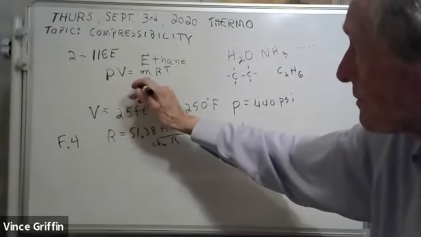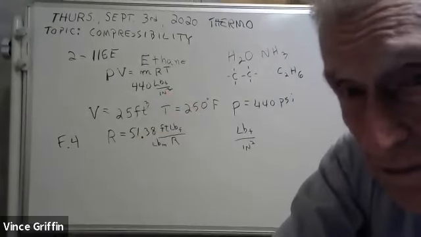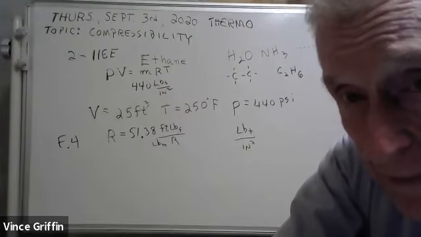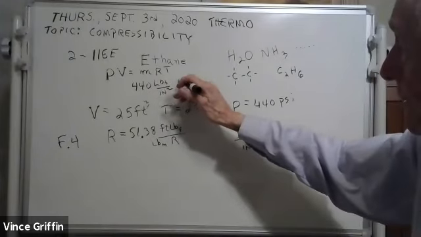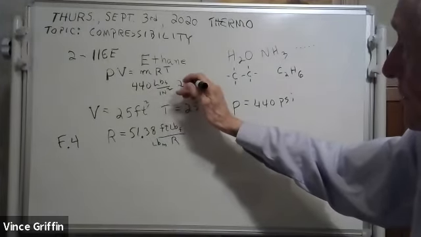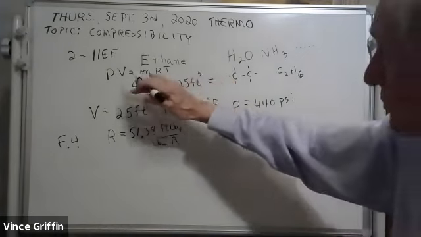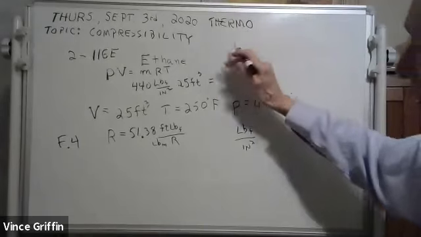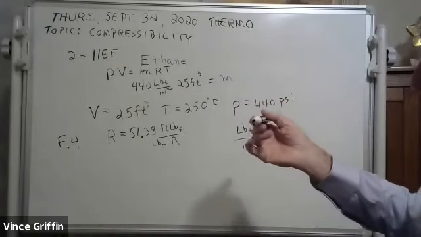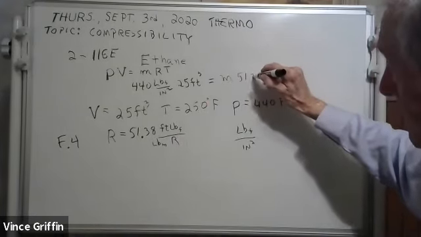Here, let me write it here. 440 pounds force per square inch, times the volume. Well, the volume's 25 cubic feet. There's an equal sign. There's your unknown. We're going to solve for the mass. The R is 51.38.